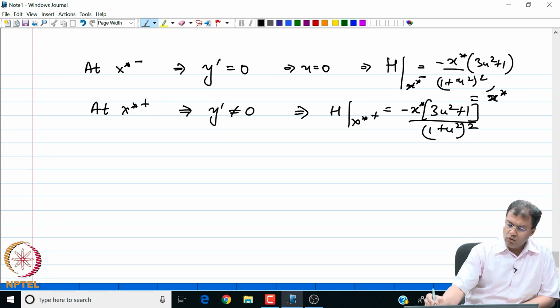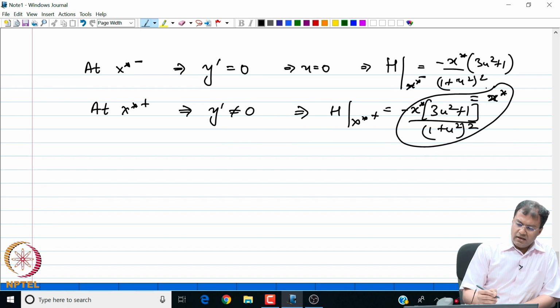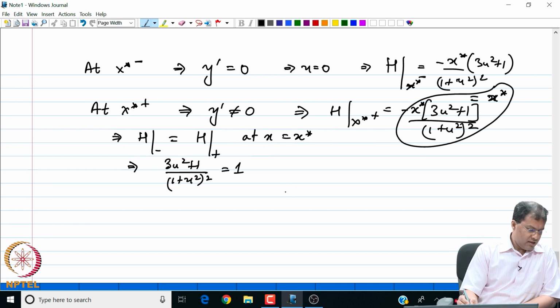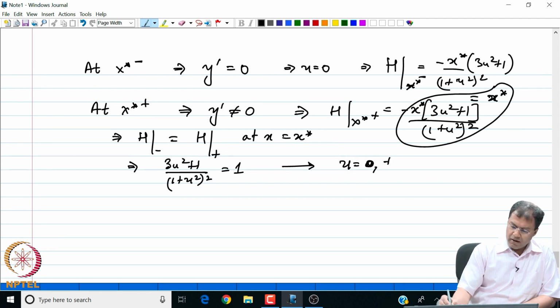So I equate these two quantities, which means that h at minus will be h at plus at the corner condition x equal to x star. The solution that I get is 3 u square plus 1 by 1 plus u square whole square equal to 1. From here I can solve for u, and I get u equal to 0 or plus minus 1.